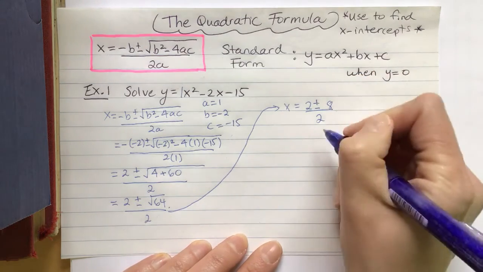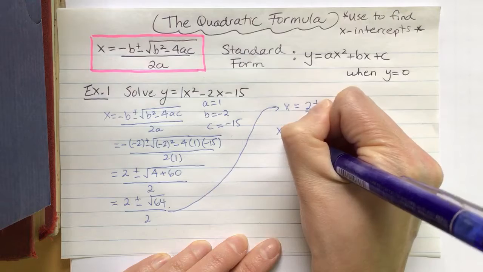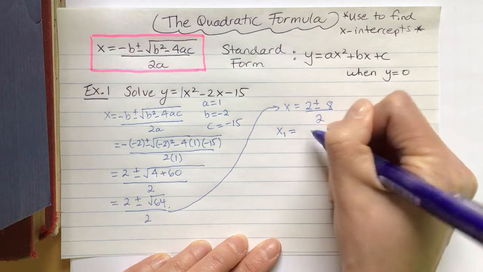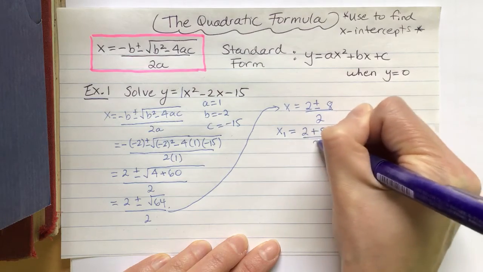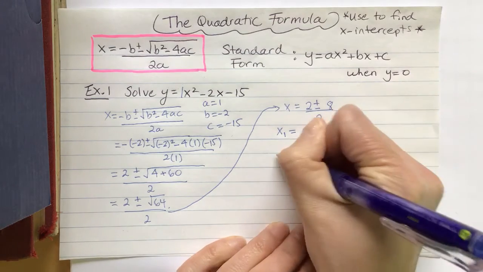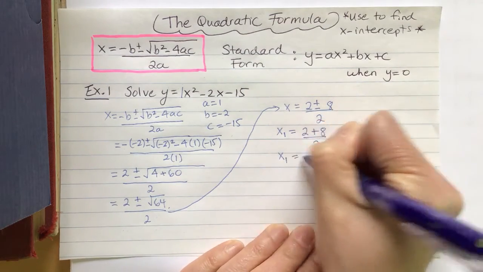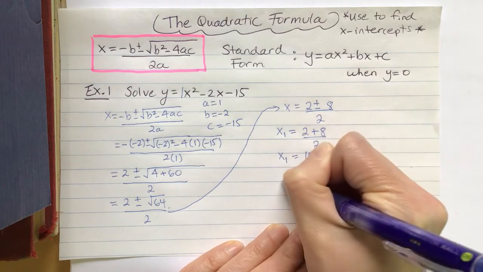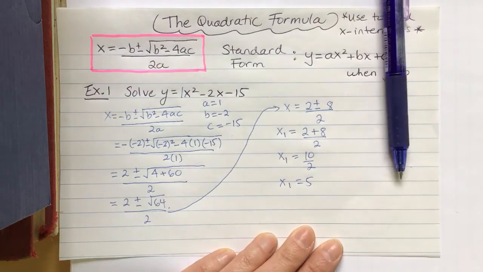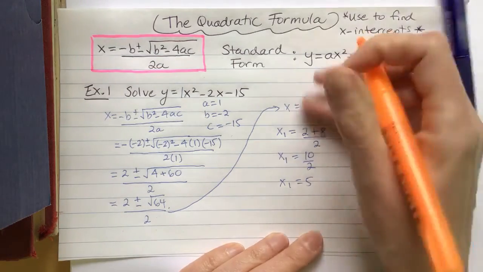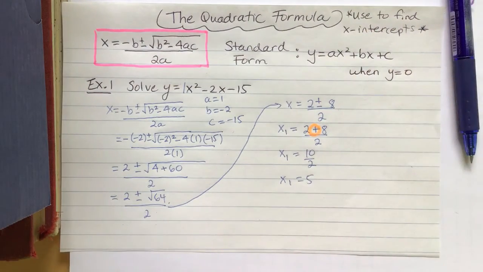Now there's going to be two possibilities here. So we have the possibility that x is 2 plus 8, all divided by 2, and we're just going to complete that. So that's going to give us 10 over 2, and that gives us 5. Now this is where we were using the plus.